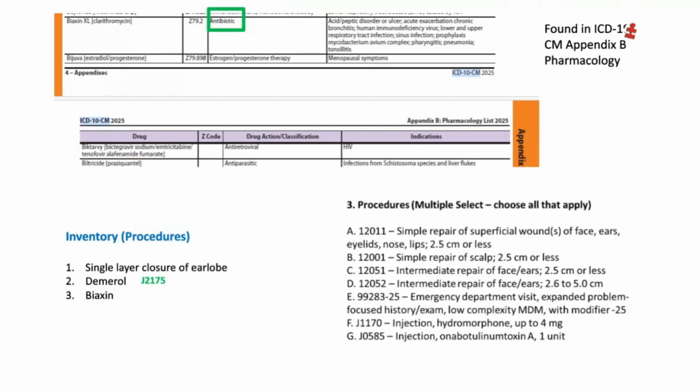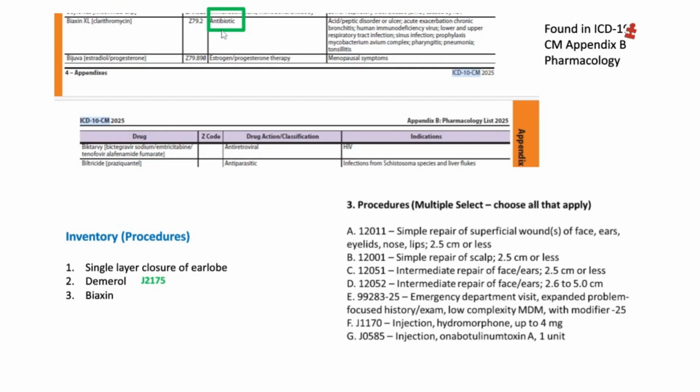And I know it helps you with coding your ICD-10-CM, but in this case, we need to know what the heck is Biaxin, right? What is Biaxin? It's not in the HCPCS Level 2. So I went to my ICD-10-CM manual and I looked up Biaxin. It is in alphabetical order, and it's also clarithromycin.